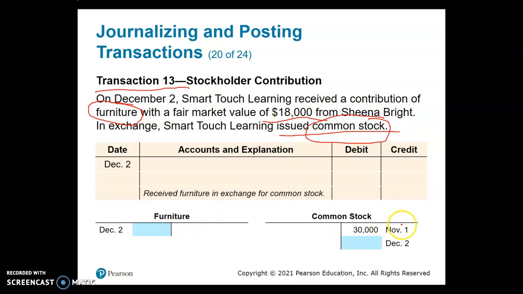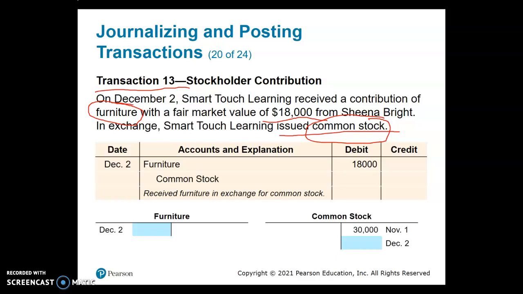Those are your accounts affected. So furniture is an asset and it's going up. We're going to use the fair market value as our cost basis, because that's the only dollar value we know. We're not given a value of the stock, so we're going to assume that it is of equal value.